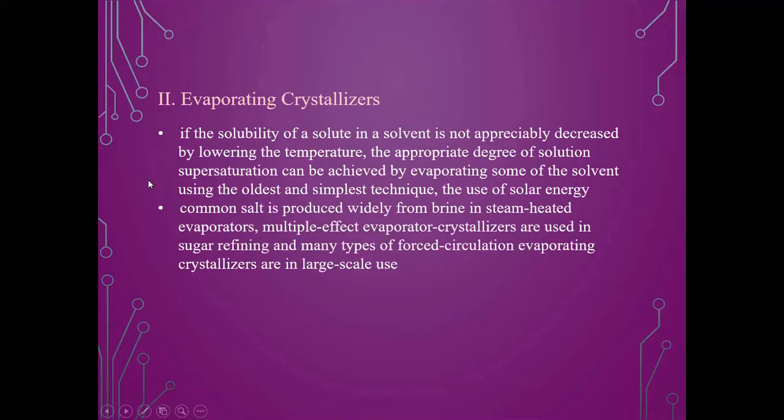Common salt is produced widely from brine in steam-heated evaporators and multiple effect evaporator crystallizers, and these are used in sugar refining as well. Many types of forced circulation evaporating crystallizers are in large-scale use.